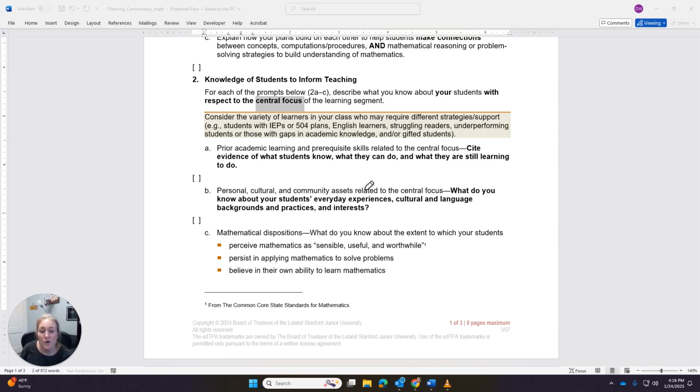This could also be that you know that they enjoy a certain sport, and so you incorporated that into the lesson plan somehow. This could be that you know that they've had a certain opportunity afforded to them because of the community that they live in that is going to directly be tied to the learning objective.